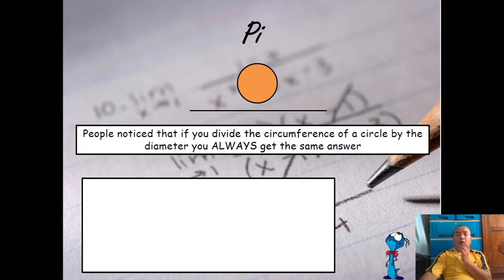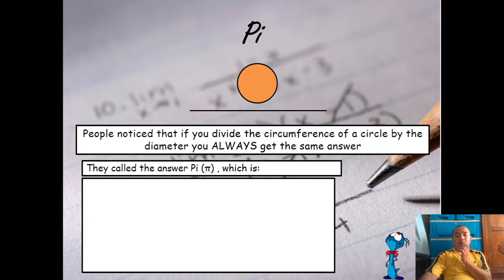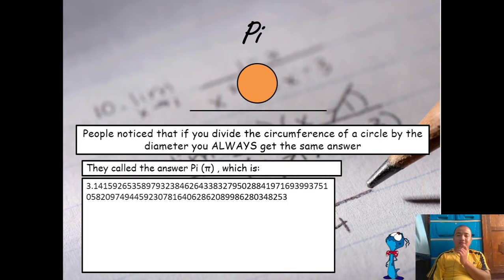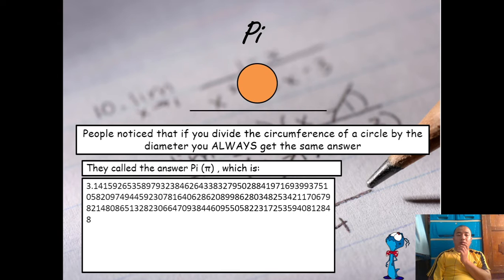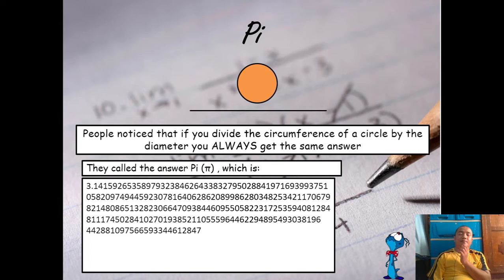Pi is a Greek letter, which is equivalent to 3.14159 and so on. People noticed that if you divide the circumference of a circle by the diameter, you always get the same number, which we call pi. It is very long: 3.14159 and so on. That's how long pi is.